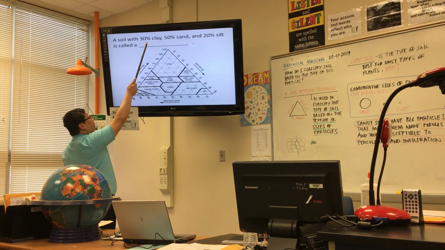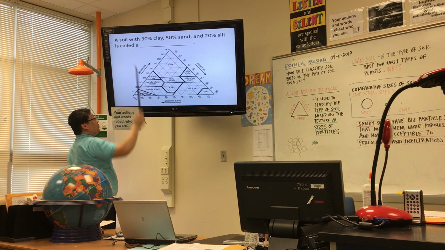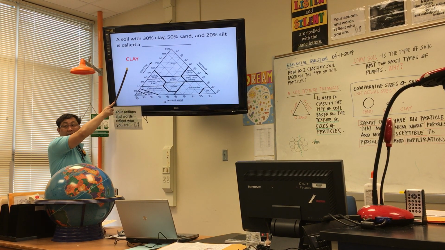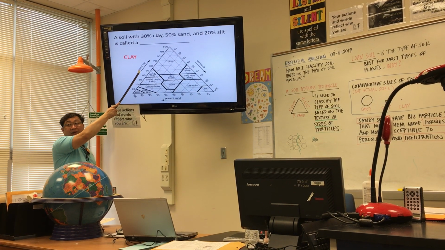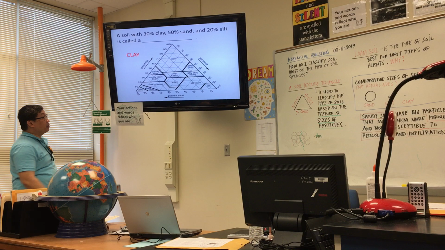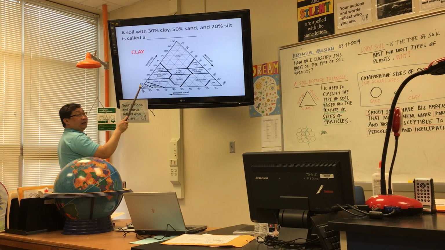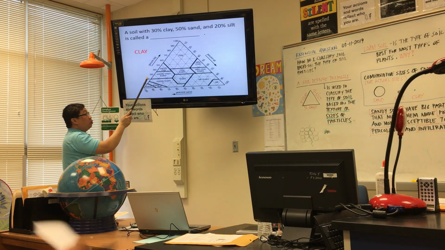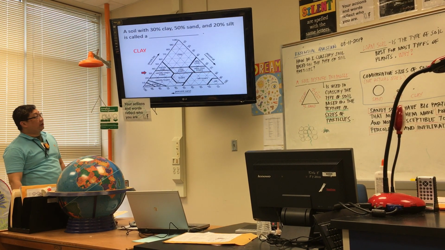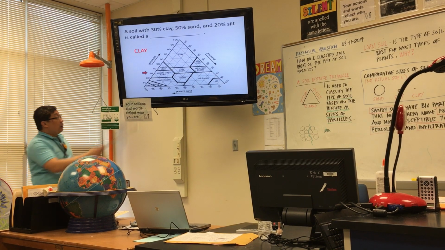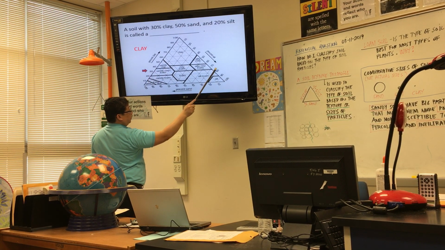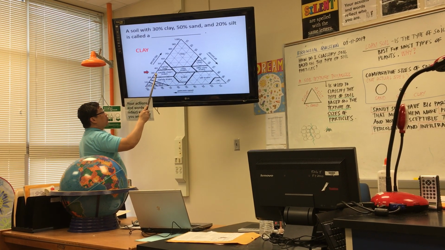So let's begin with the first given, 30% clay. Where's clay? It's on the left side. You can see it here, percent clay. How many percent clay? 30%. So you'll see here that it has numbers, 10, 20, 30. So that's the 30 mark. Now, you will see lines here. The line can go straight or it can go diagonal.